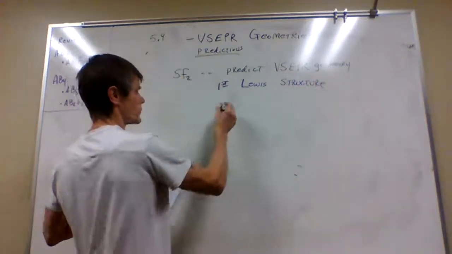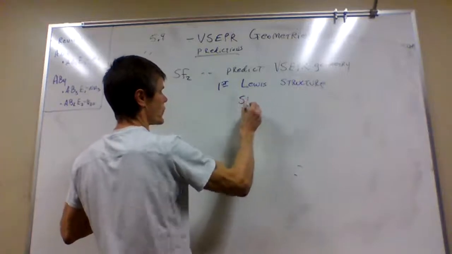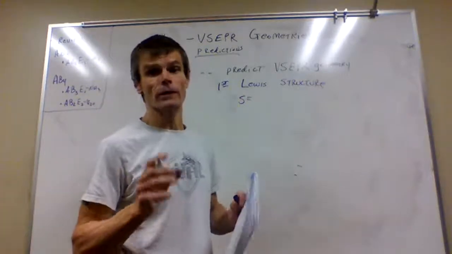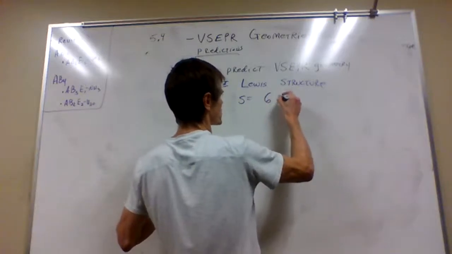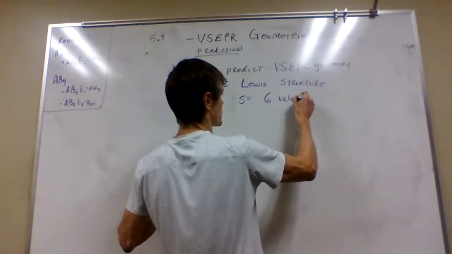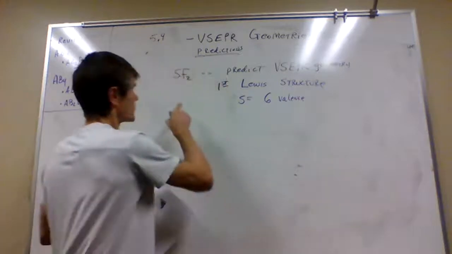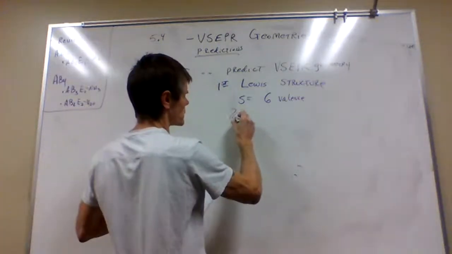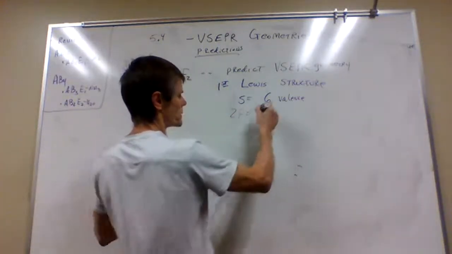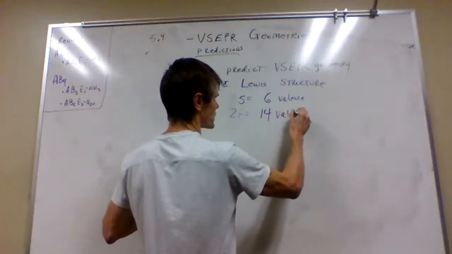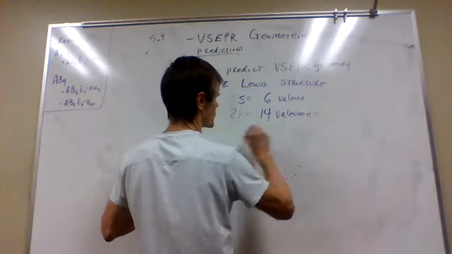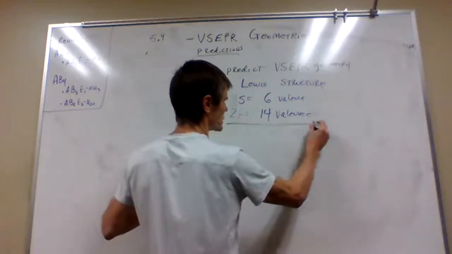So we have sulfur. Sulfur is a group 6A main group element, and it has 6 valence electrons. There's 2 fluorine, being in group 7A, they have 14 total valence electrons for the 2 fluorine.